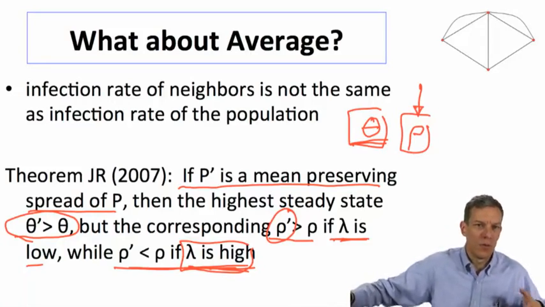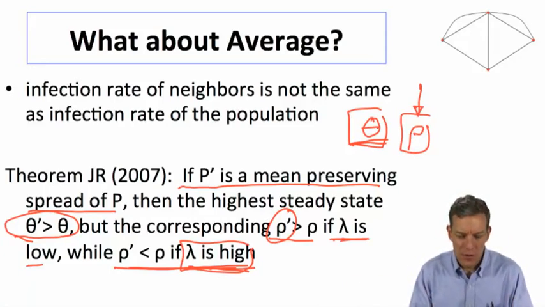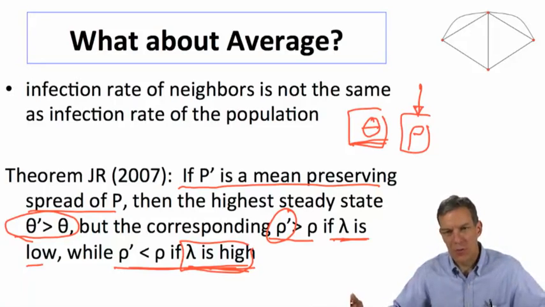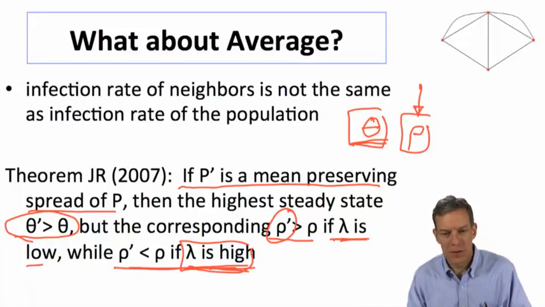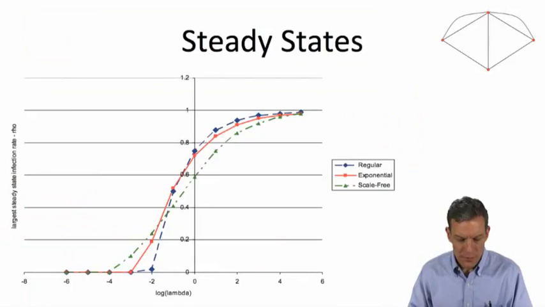And the low degree nodes, as you move them towards lower parts, can actually end up with lower infection rates. And so that counterbalances it. So when you average across the population, not with the relative frequency of meetings, you actually end up with a decrease in the overall rate.